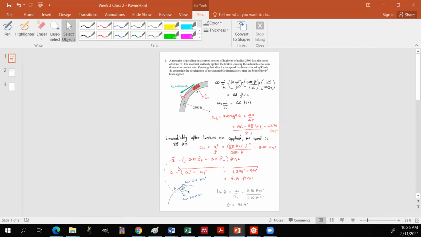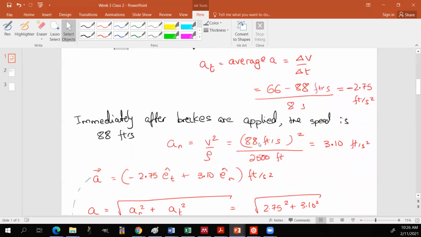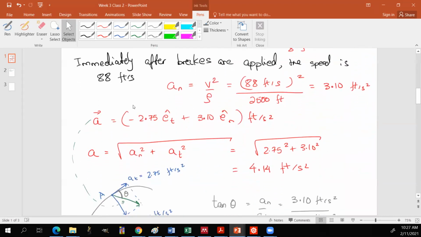This vector completely describes everything, because from here you can get the magnitude and you can get this angle theta direction as well. That's the whole point of vectors. But some people like it physical: the magnitude is this much and it's at this angle. So you do it both ways. For me personally, going forward, if you write it as a vector, you guys are okay.